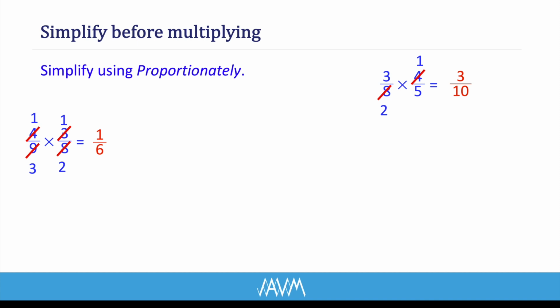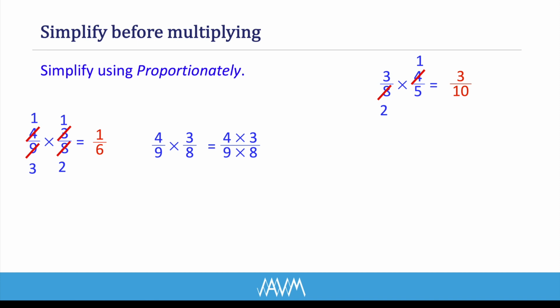Well, just to explain why we can cancel any numerator with any denominator, let's inspect this 4/9 times 3/8. If we were to multiply the 2 numerators together, it would be 4 times 3, and the 2 denominators 9 times 8. So write that as 4 times 3 over 9 times 8.